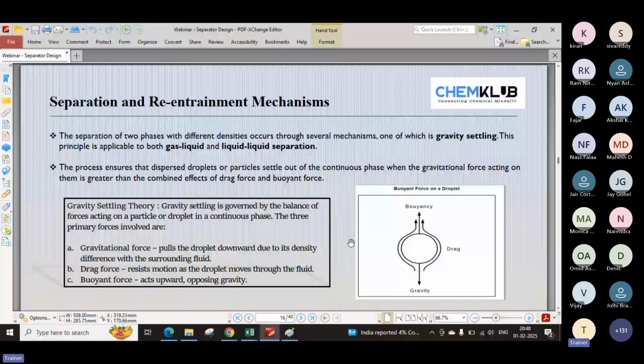That is the drag we have, and the buoyancy force is trying to pull the liquid droplet to the top.